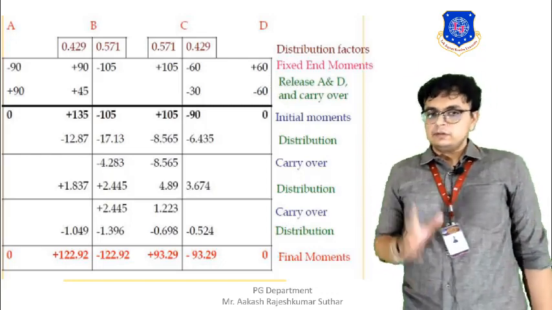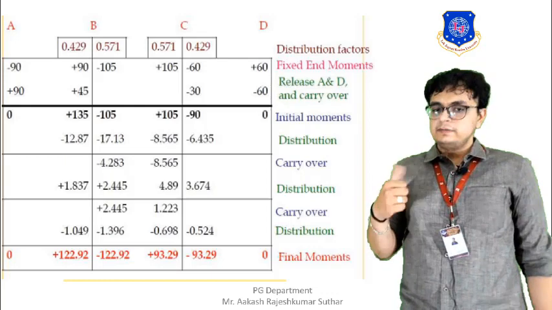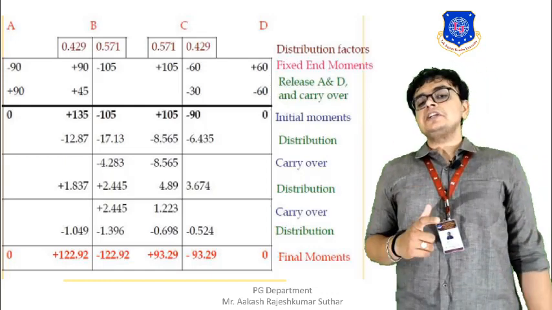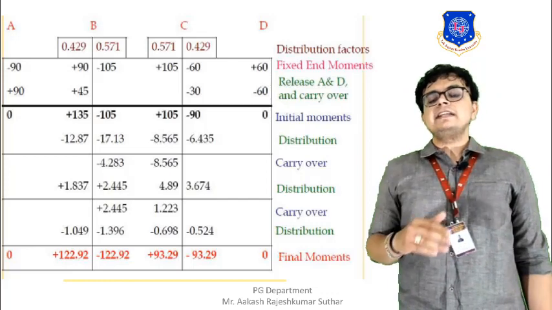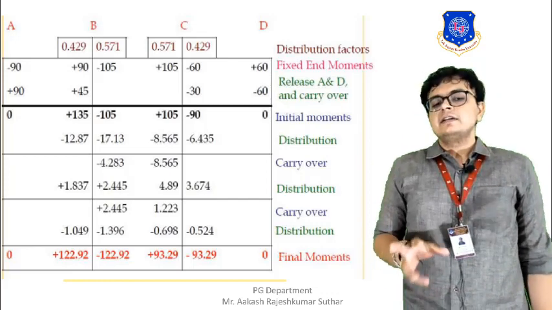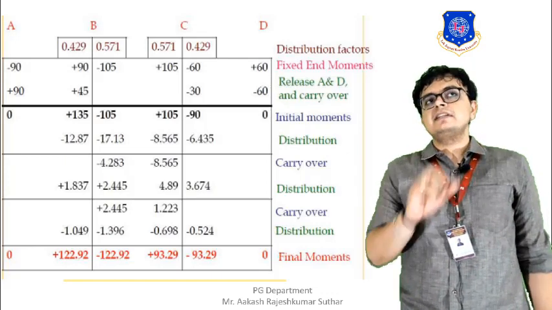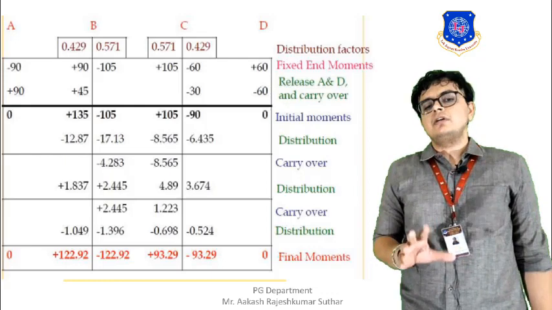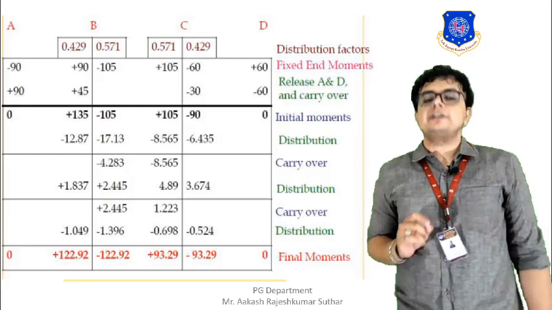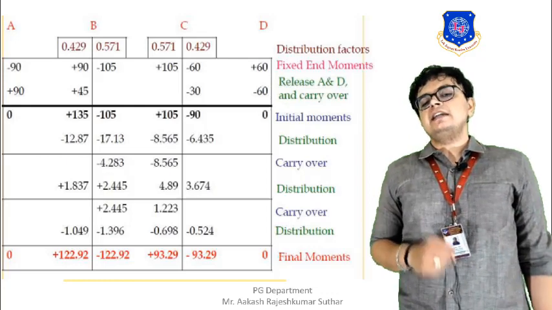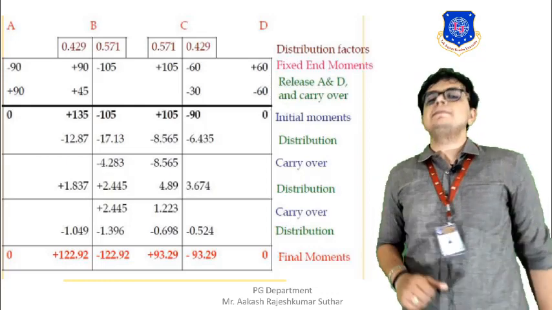So from this table of final moments, you can cross check yourself by comparing the values, because at a joint the values on the left side and on the right side should be the same but the sign should be different. The cumulative addition of both these values should be 0 at a joint, which means both the moments should be compensating each other and making the structure equilibrium.